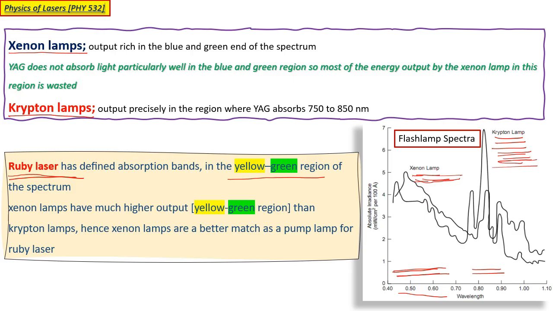On the other hand, the absorption band of the ruby is in the yellow-green region. So xenon lamp is very much suitable because it starts from around 500 nanometer onward.